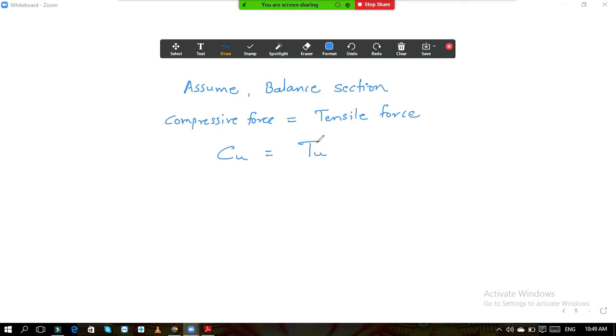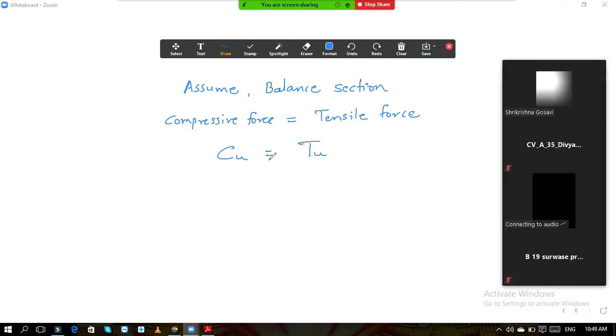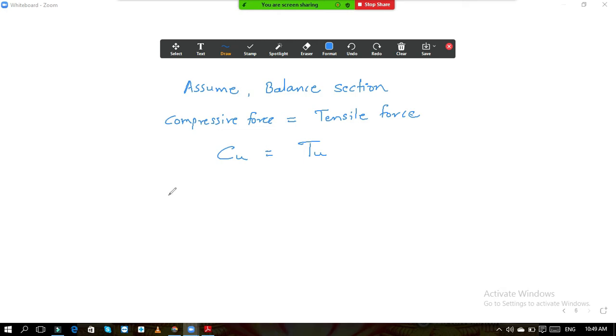So now what will we do? What is the formula for Cu? Cu is 0.36 FCK B into XU, which is equal to Tu. What is the formula for Tu? 0.87 Fy into AST. Now we want the value of XU.